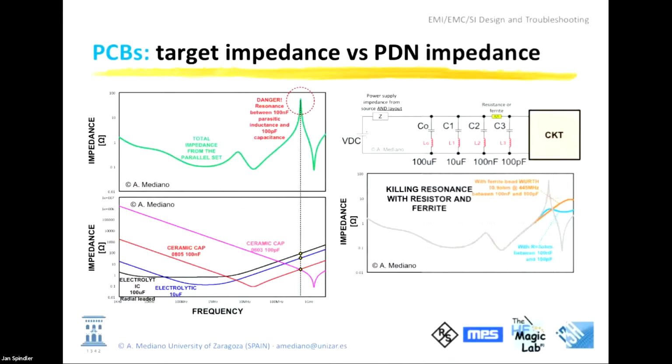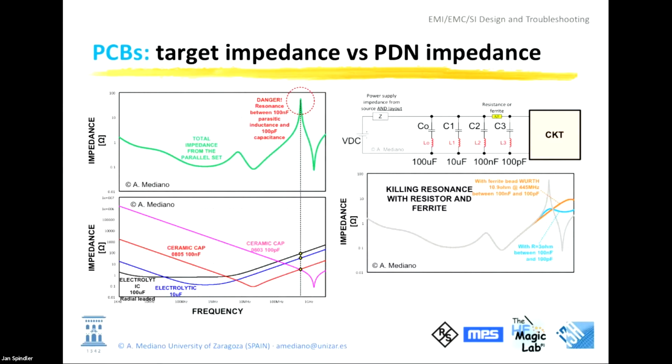Because if you put different values of capacitors in parallel, the problem is that the response will be something like you see in the green color. You have low impedance in some range, but in some specific frequency, you will see this peak. Why? Because you have different capacitors in different technologies and packages. The big capacitors, electrolytic, will have a high inductance.